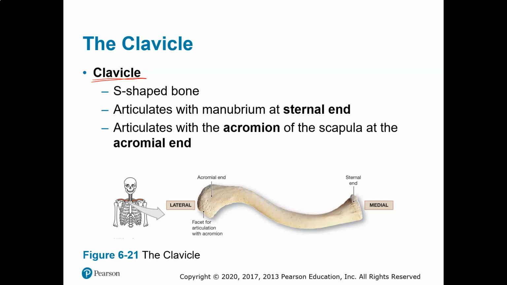So the clavicle articulates with the manubrium at the sternal end. The manubrium is the upper portion of the sternum or breastplate, and the clavicle articulates with the acromion of the scapula at the acromial end. So here's the acromial end of the clavicle and the sternal end of the clavicle.